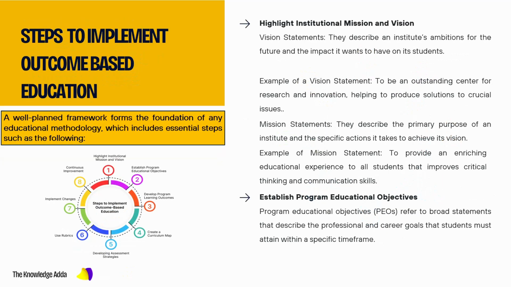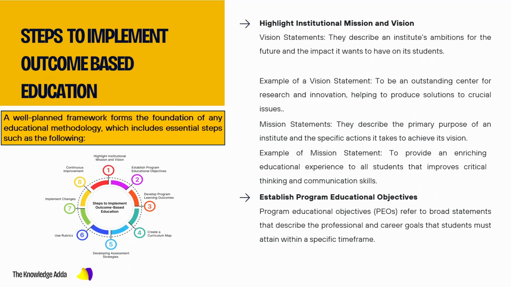So, what is the meaning of institutional vision and mission? Vision statements describe the ambition for the future and the impact the institution wants to have on its students. So, you can take an example of a vision statement, that is to be an outstanding center for research and innovation, helping to produce solutions to crucial issues.